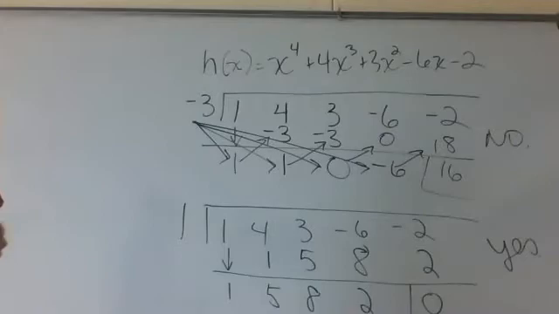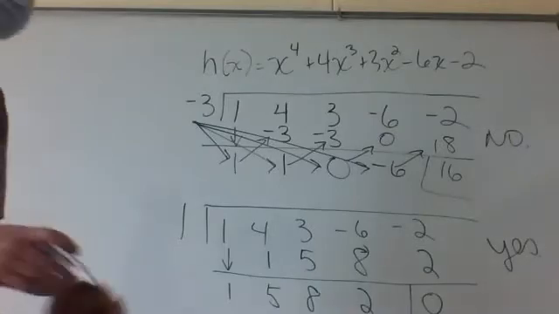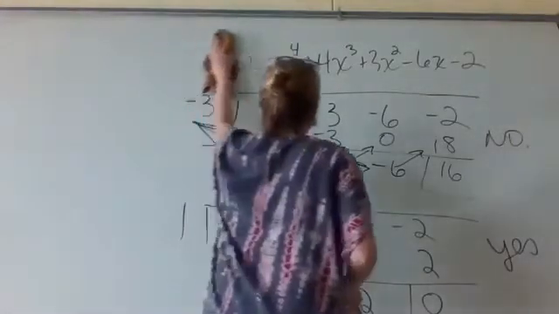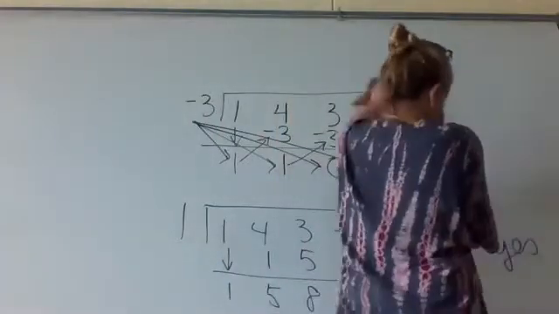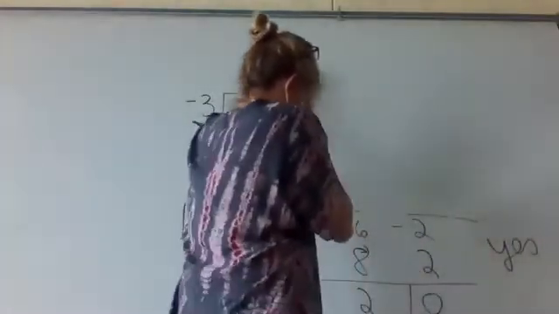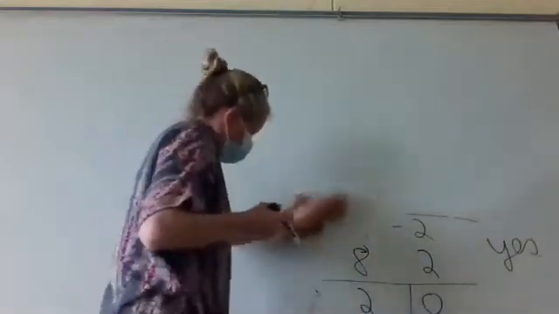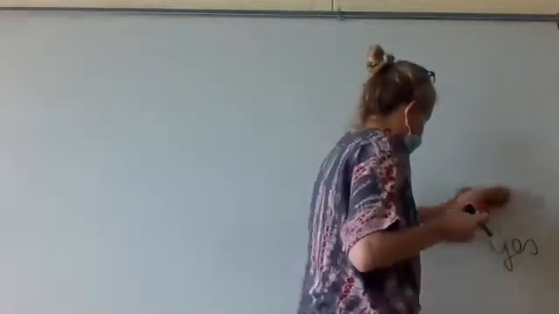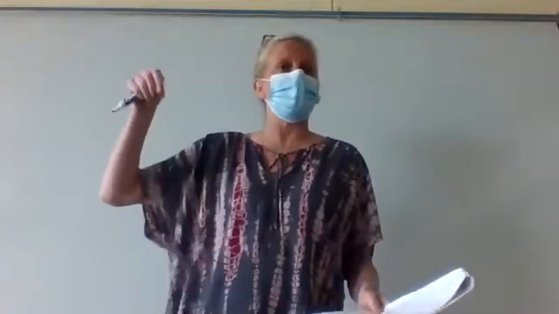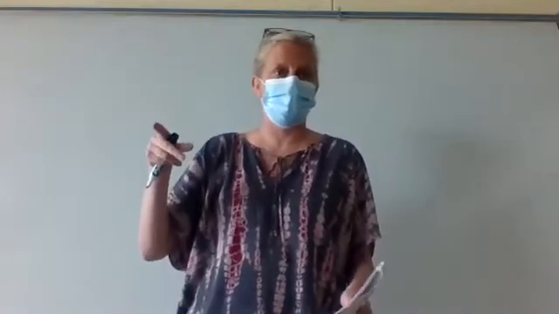Number 11. All right, find a polynomial function with degree 4, which means at the end, once I figure out all this and multiply everything together, my first term is going to be an x to the 4th term.